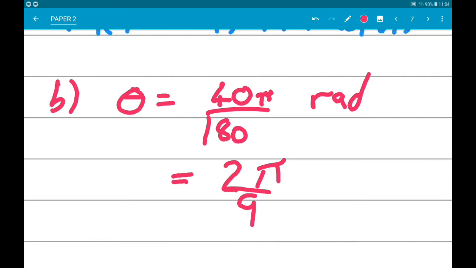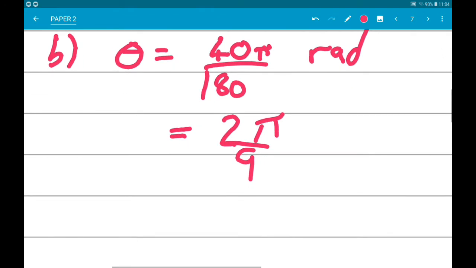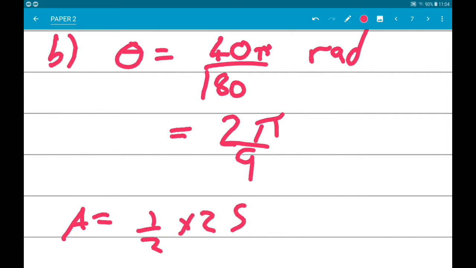Okay, so then the area is 1/2 times r squared, so 25, times 2 pi over 9.